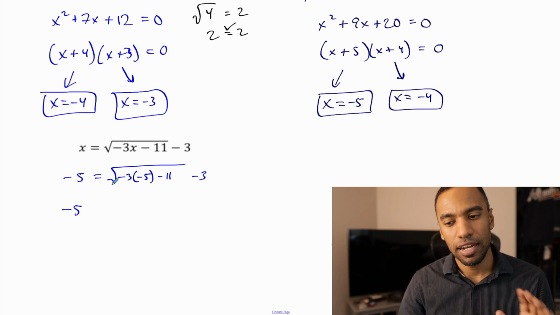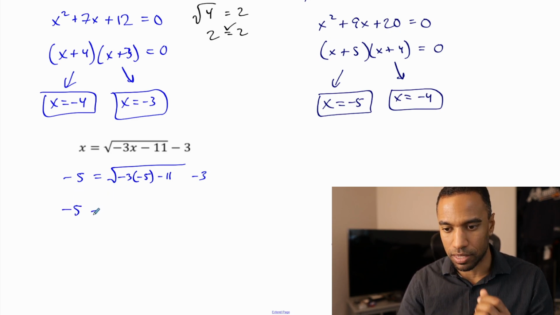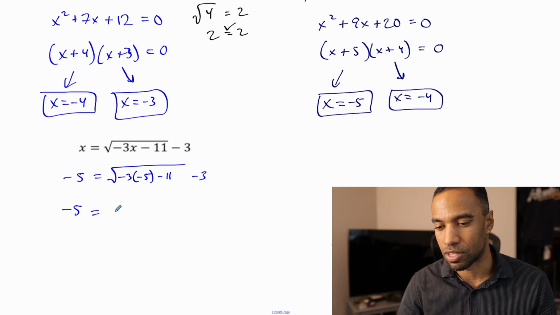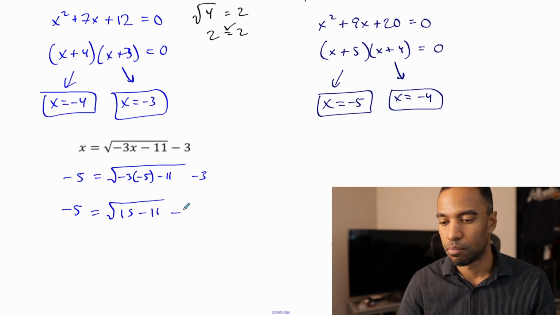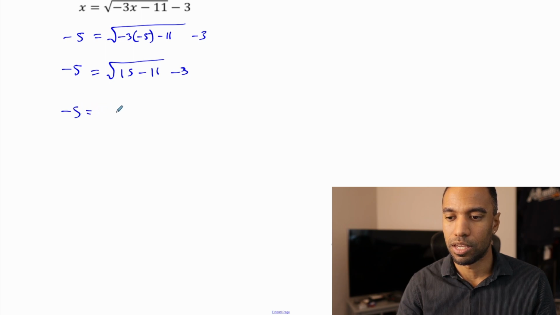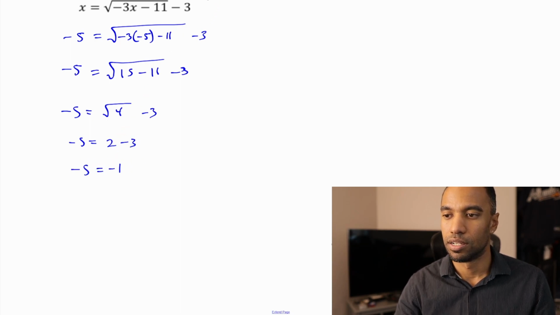Negative 5 equals the square root of, that's 15 minus 11, minus 3. Or negative 5 equals the square root of 4 minus 3. Negative 5 equals 2 minus 3. Negative 5 equals negative 1. Not a true statement.